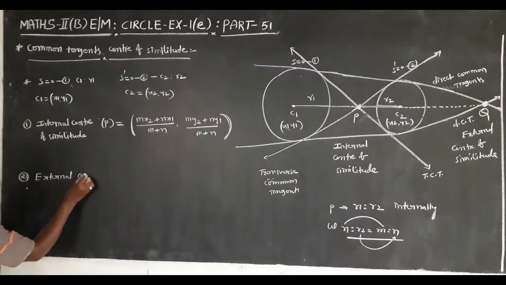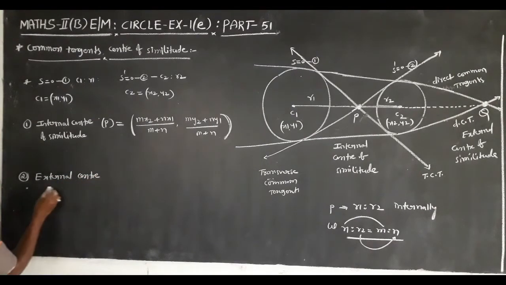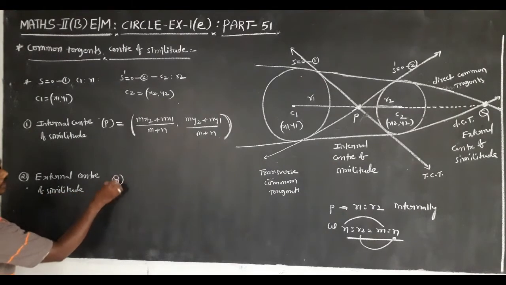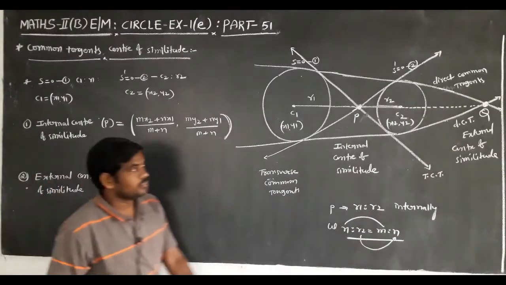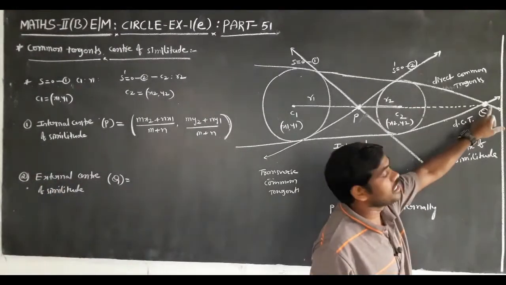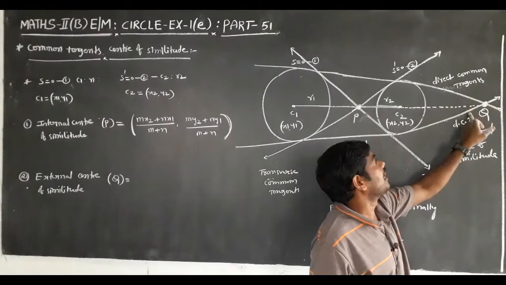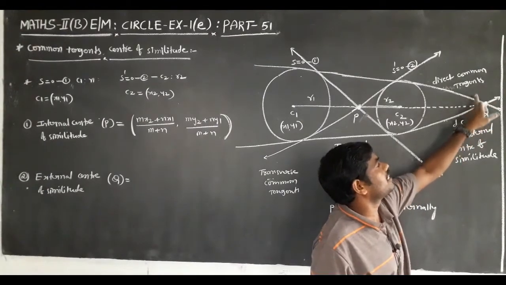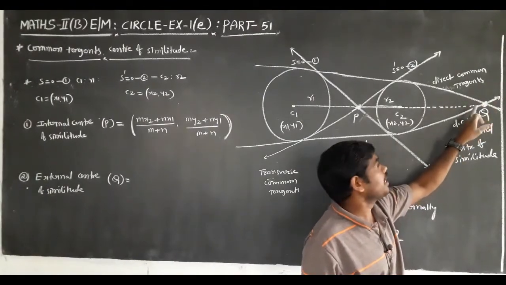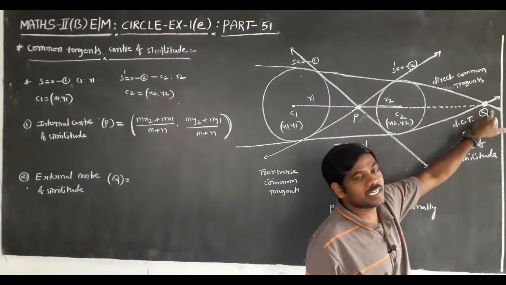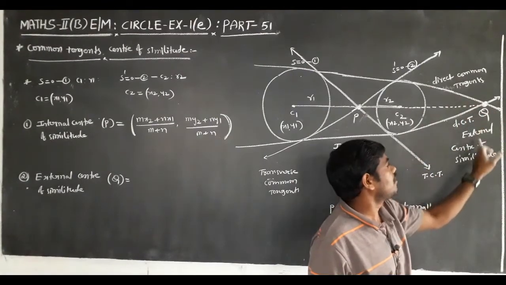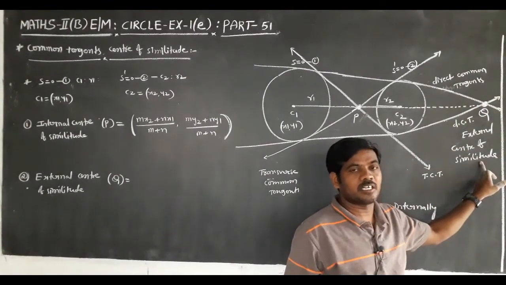Second one, external center of similitude. The point of intersection of the direct common tangents is called the external center of similitude.